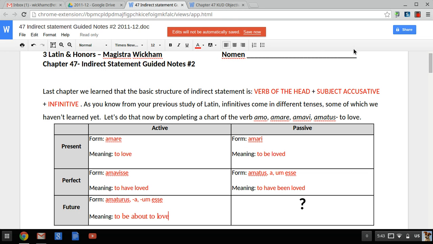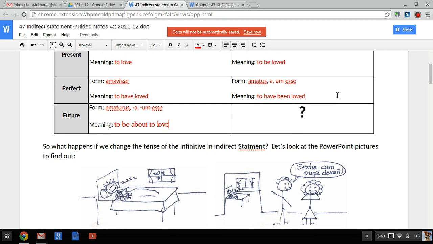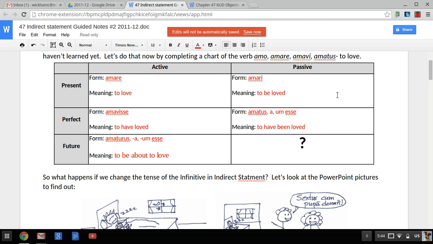Okay. So I'll leave that there for a moment so you can finish copying that down. But just a reminder, these two we learned last week. And this one we saw last week, we didn't really work with in sentences. And now we have the perfect passive infinitive, to have been loved, and the future active infinitive, amaturus esse, to be about to love.